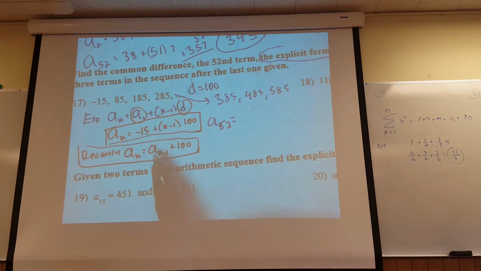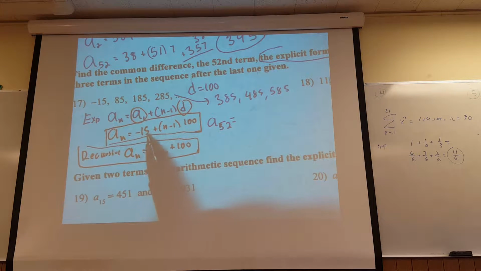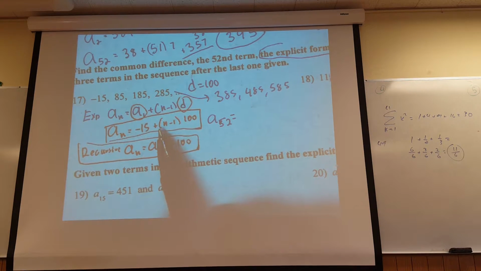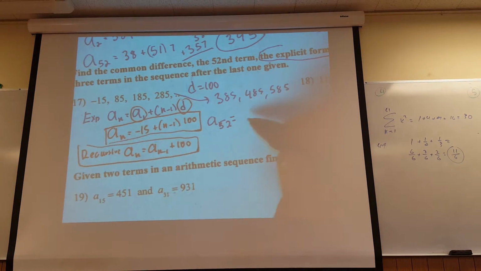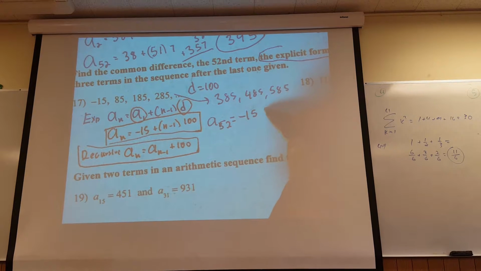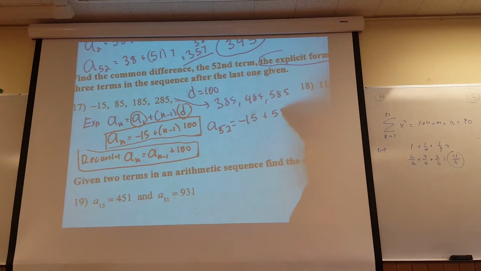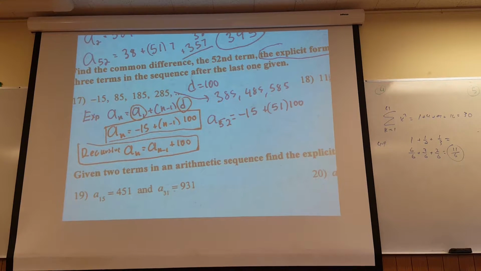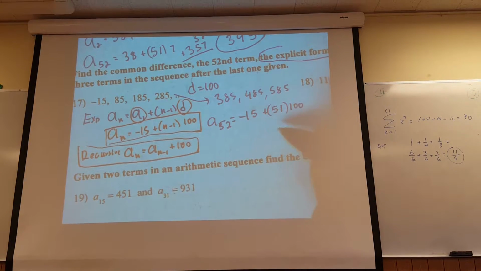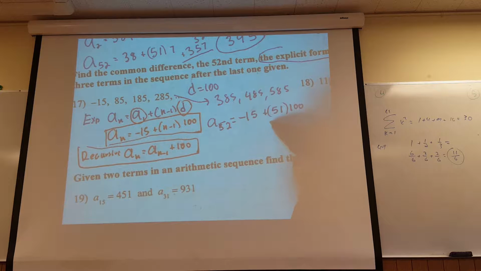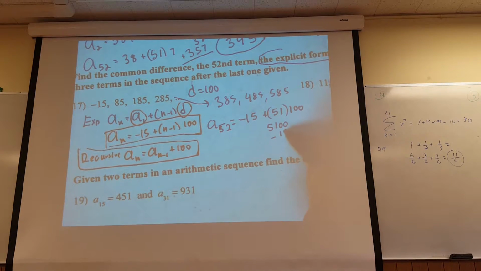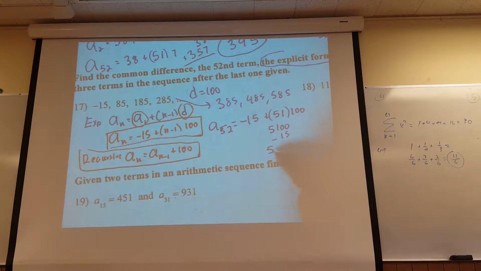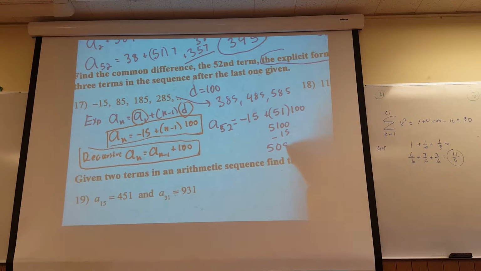It's going to equal, now you use this formula right there, your explicit formula. It's going to be negative 15 plus 51 times 100. Okay, so that's 5,100 minus 15, so the answer is 5,085.